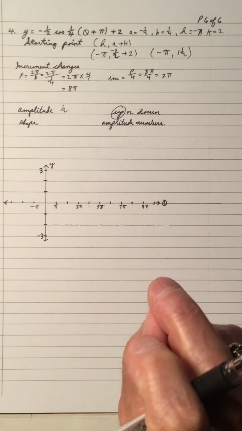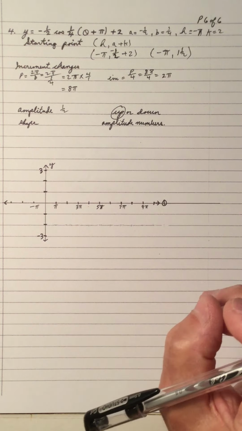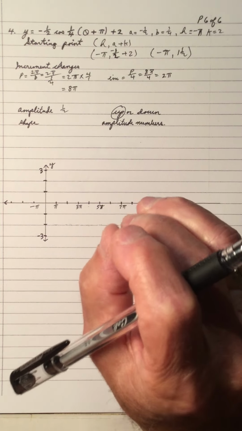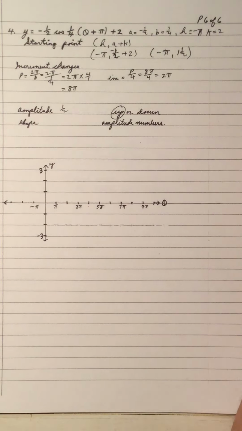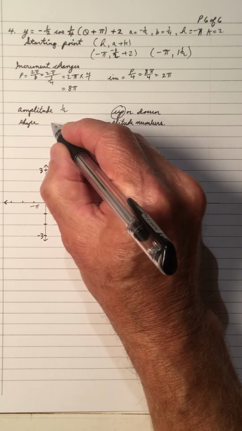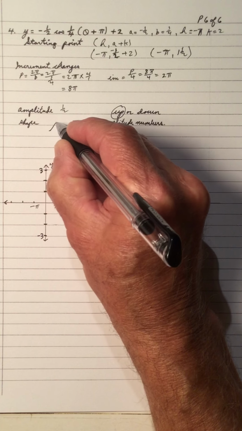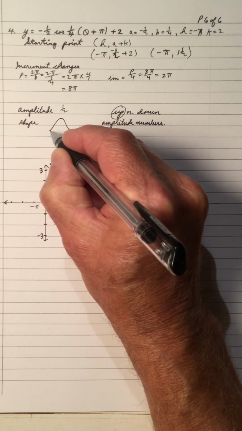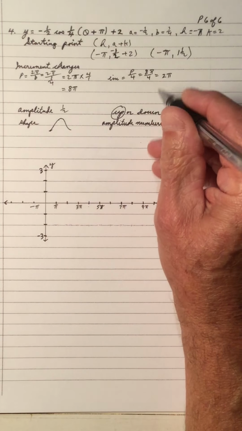So when cos is positive, it goes down. When cos is negative, the reverse, it goes up. So the shape is, it goes up, up, down, down from the starting point.